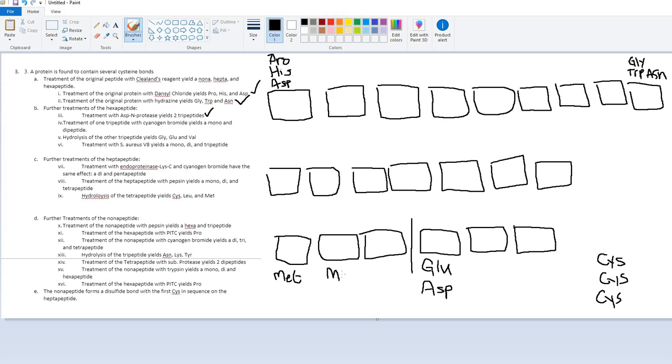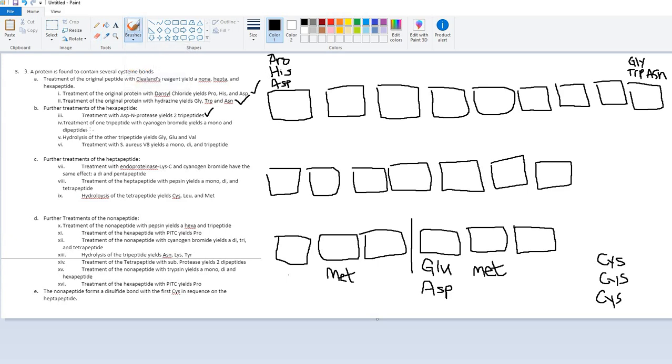It could be here, which is possible, to cleave this into the dipeptide and this into the monopeptide. It could be here, but it's not going to be because this has to be a glutamate or an aspartate. Or it could be here. So since we know it can't be either here or here, it can be in either one of these 2 spots, but we don't know exactly which one yet.